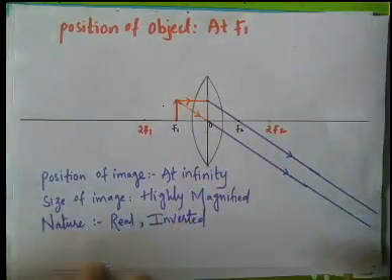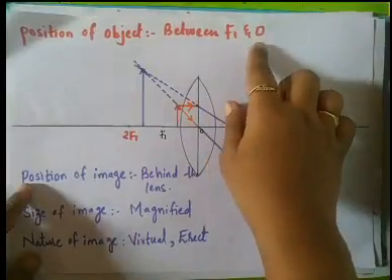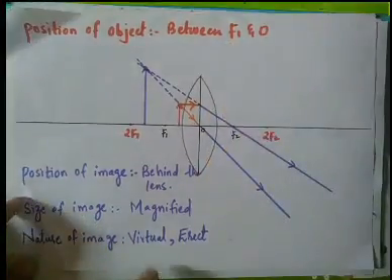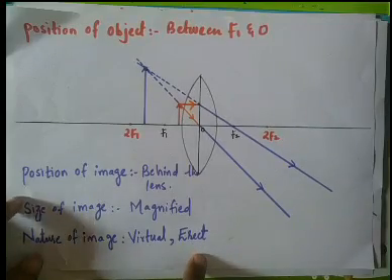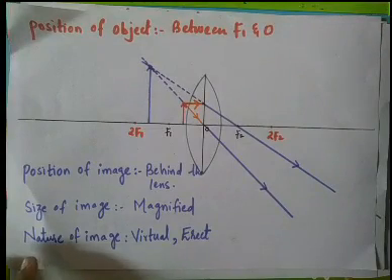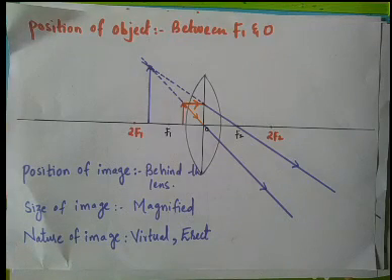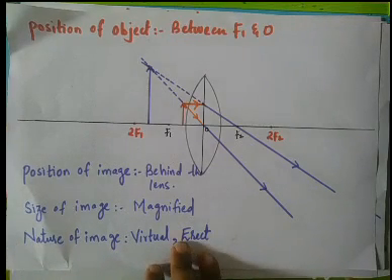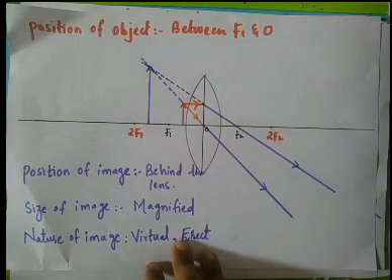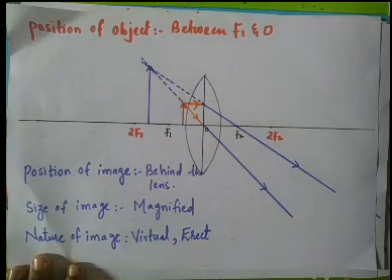There is only one case when the object is very close to the lens, that is between the optical center and focus 1, a virtual and erect image is forming. Okay, so I hope now you can draw the image of an object when it is kept at any distance, and when we are using a convex lens you will be able to draw its image and describe its nature also. Thank you.